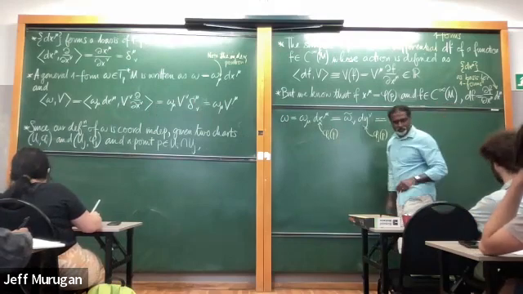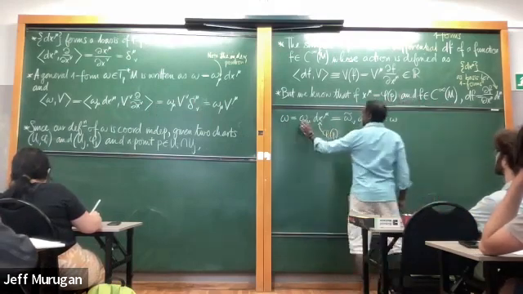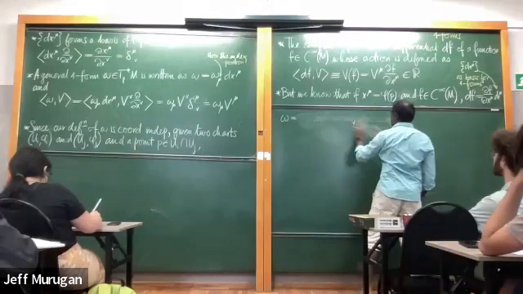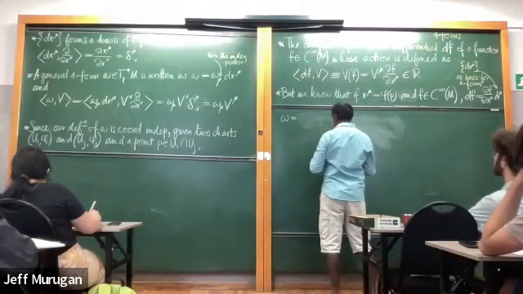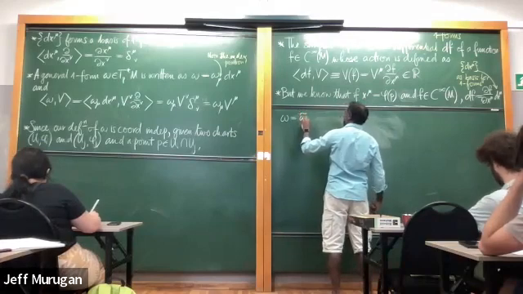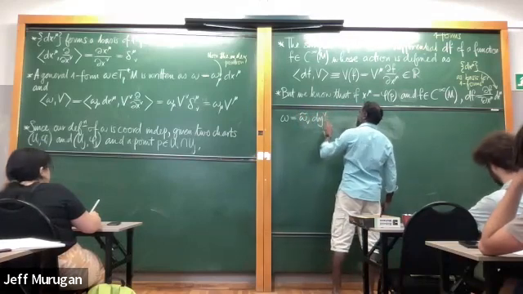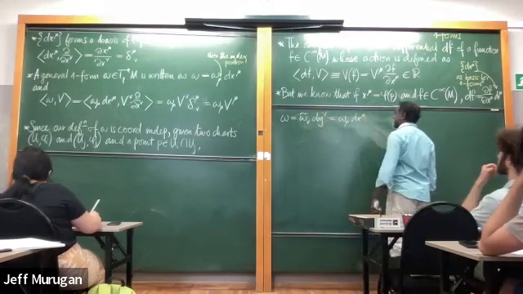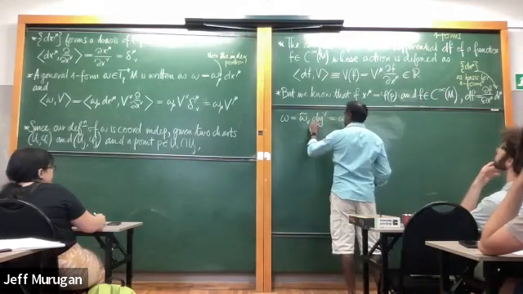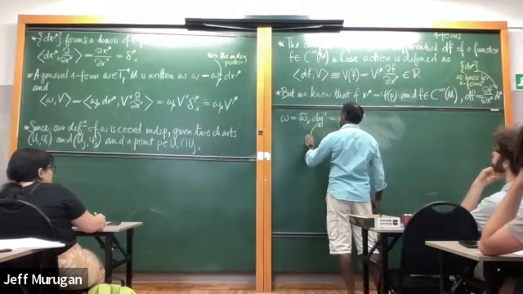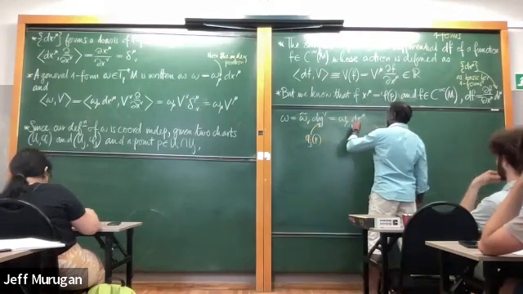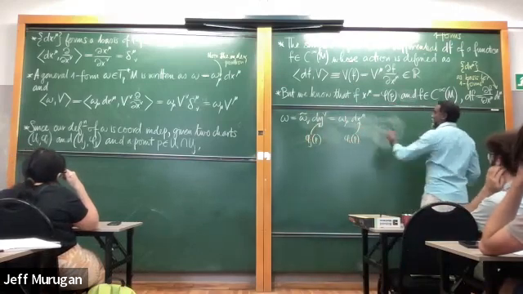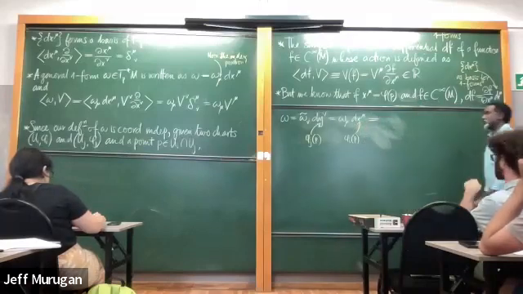In fact, let me do it the other way around. This is omega tilde mu dy mu, also equal to omega mu dx mu, where y is phi_j of p and x is phi_i of p. But I also know how the coordinates transform.